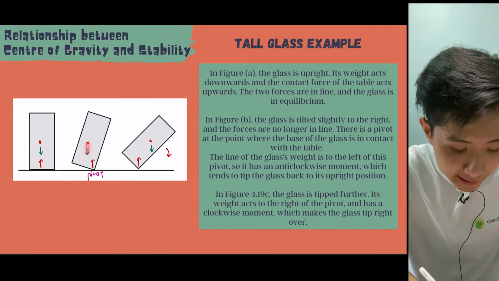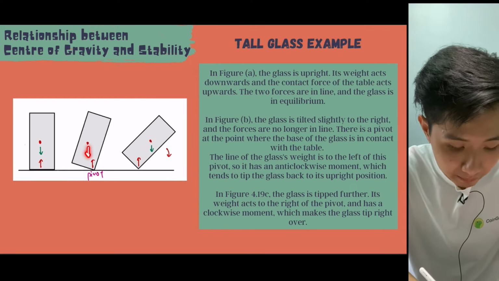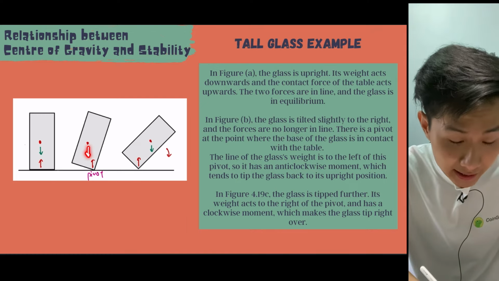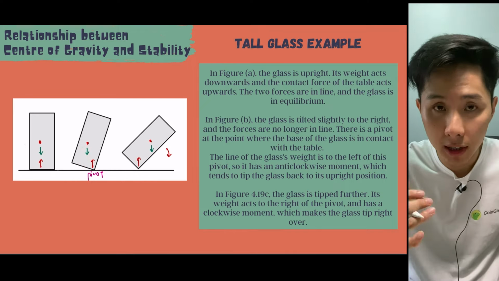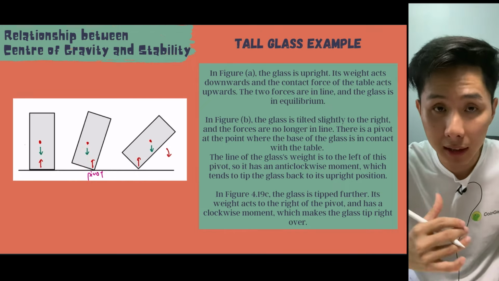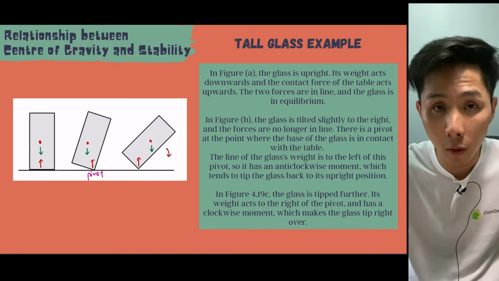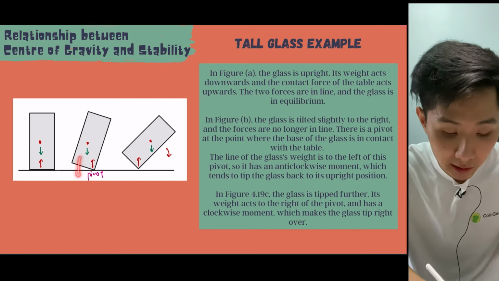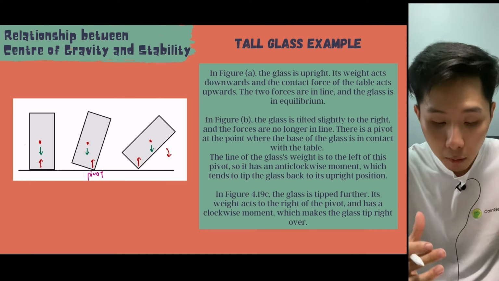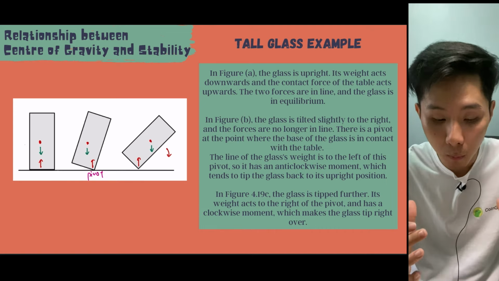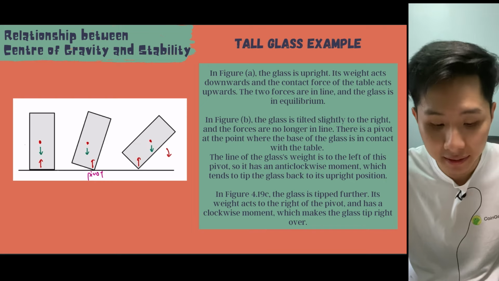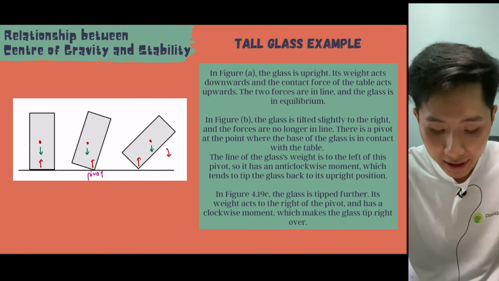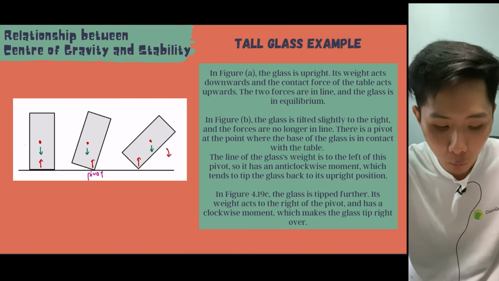Now, because the center of gravity is acting this way, it creates an anti-clockwise moment, and this will cause the rectangular shape to go back to its original place. That means it won't fall down, it will just go back to its original place. Whereas if I were to tilt a little bit more, like in this condition here, and then I release my hand, we all know that the rectangular shape will fall, but why is that?